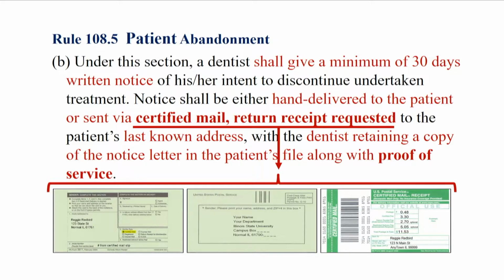So the certified mail is the part that's a must, and then just as a part of due diligence and practically, you could send by regular mail as well, or by email.